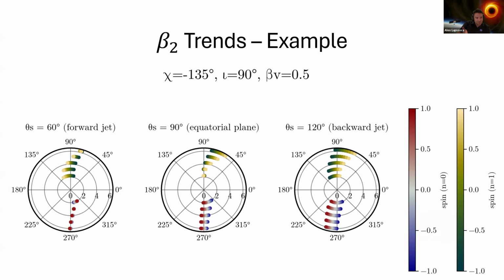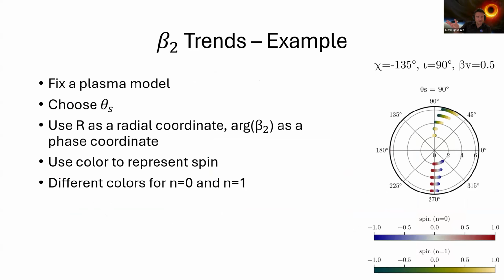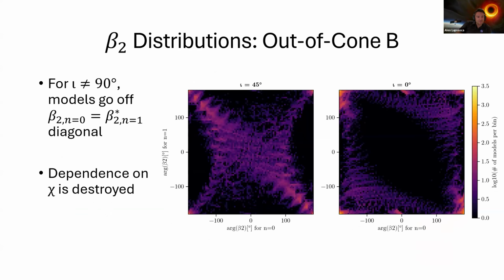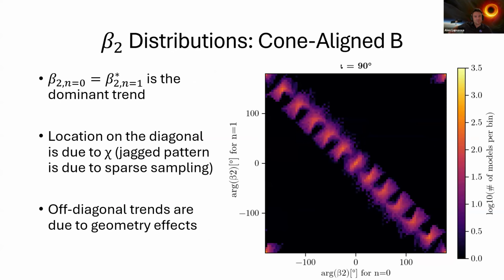And I think one takeaway here is that if you look at beta 2 going from n equals 0 to n equals 1, if it's not a complex conjugation, that could indicate you're not seeing a near equatorial source, but rather a jet funnel. And I think confirming this by looking at the GRMHD simulations where the emission is coming mostly from the funnel of the jet, there are some SANE models that do that, would be really useful to know, because that could be a really useful diagnostic of the geometry of the emission region.